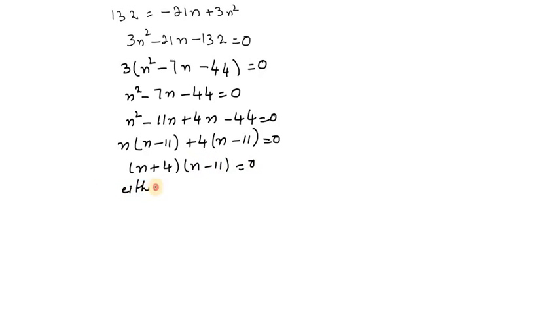So here either n plus 4 is equal to 0 or n minus 11 is equal to 0. From here we get n is equal to minus 4 and n is equal to 11. So the number of terms cannot be negative, so we cannot take n is equal to minus 4.